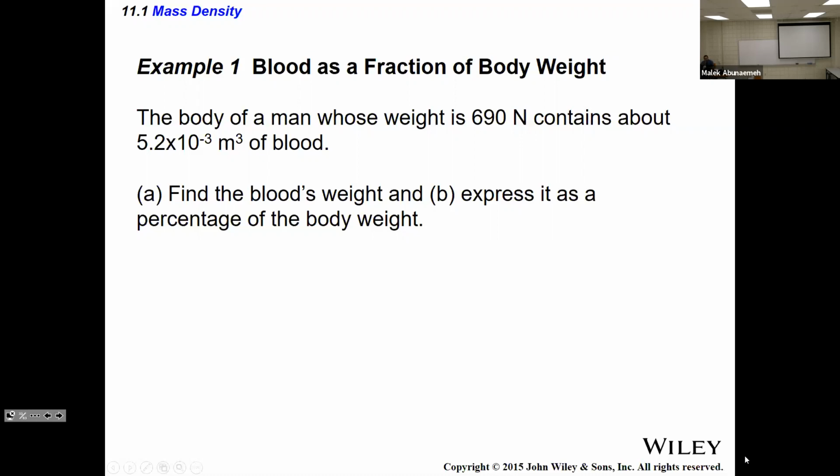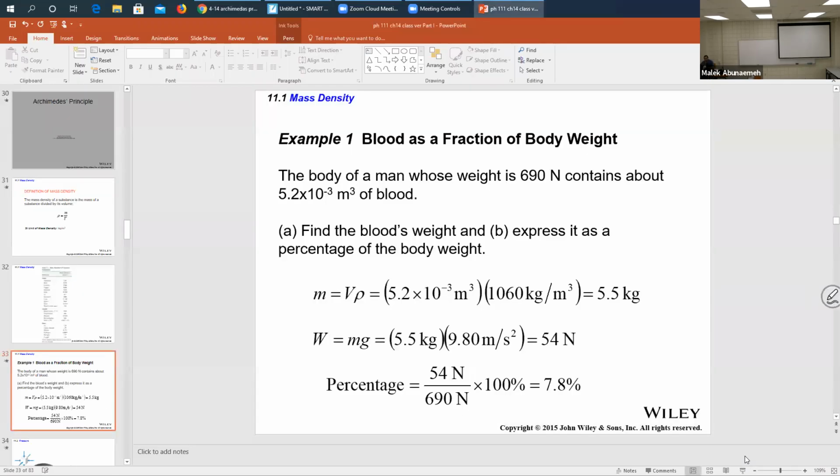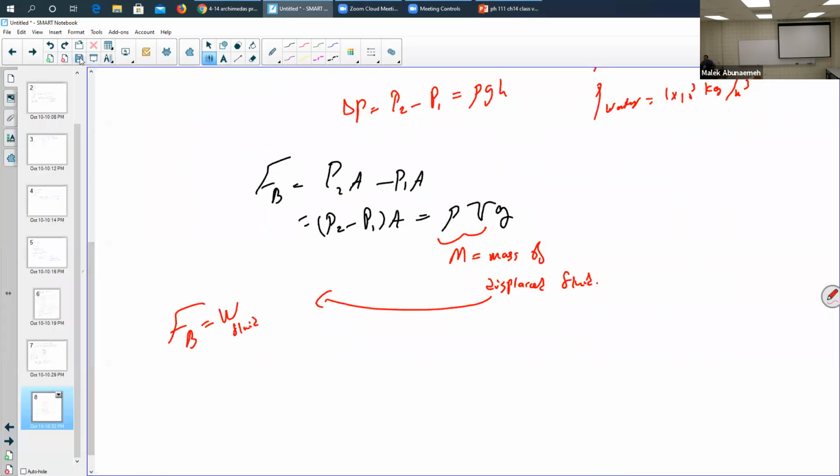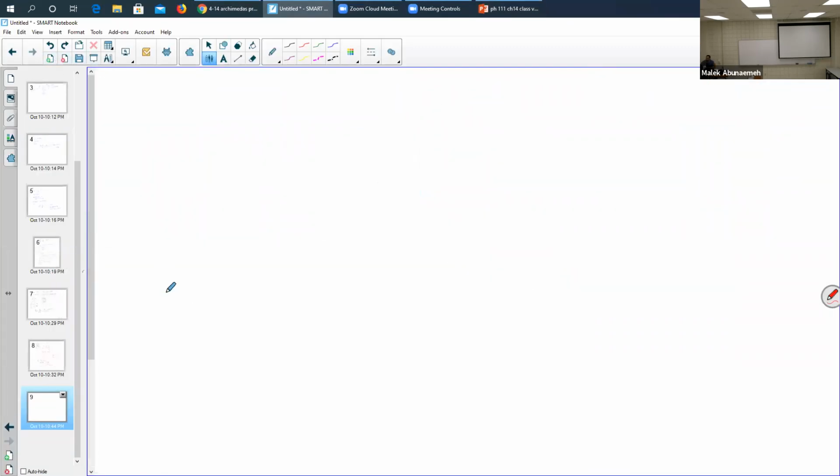So we got 690 newtons. We see newtons, you know that is going to be your force. Your 5.2 times 10 to the negative 3 meter cubed, you know that's going to be your volume. So let's just look. This example says example 1, so I'm just going to go with what we've written down. So this is going to be example 1.